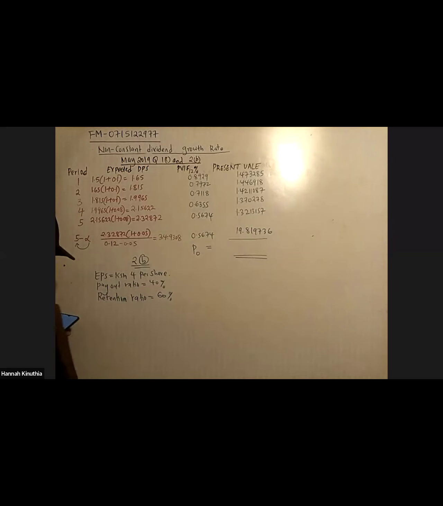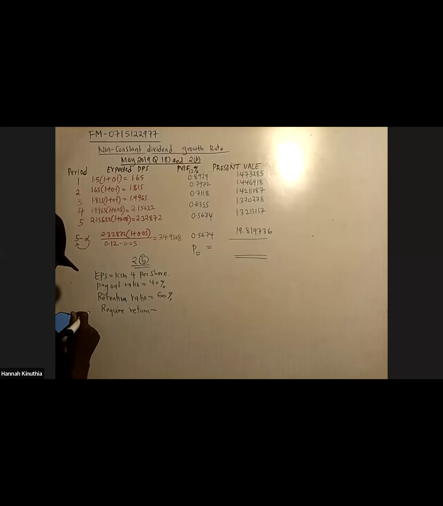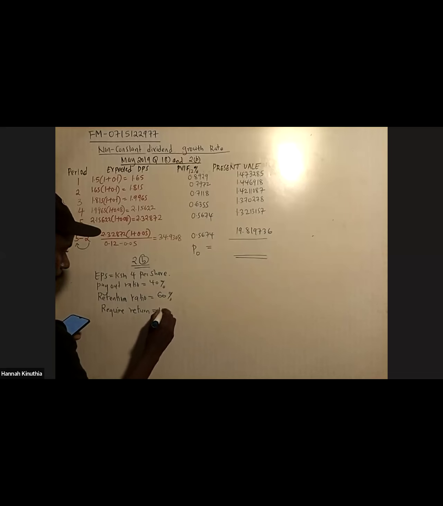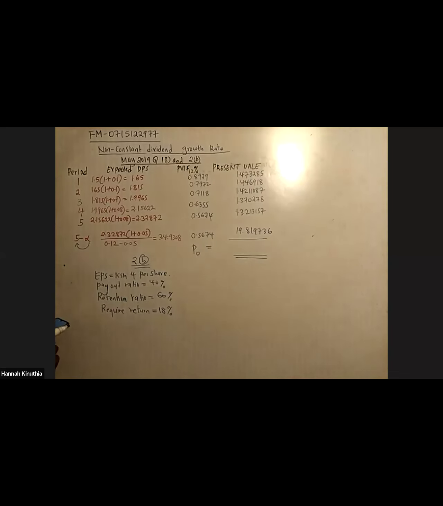Is that correct? That is correct. The firm's equity capital was 200 million. The required rate of return is 18%. Now that is the information we have.